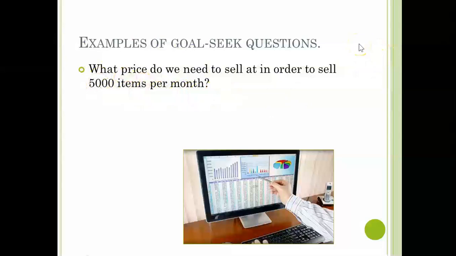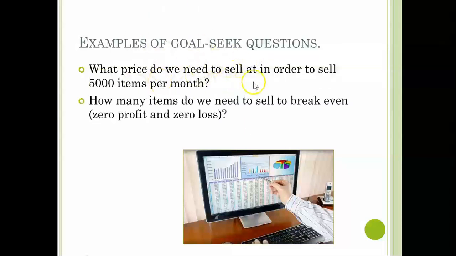You would have an output cell maybe in your Excel spreadsheet telling you how many items are predicted to be sold in that month. Where the selling price of that item is in the spreadsheet, you can change that value, and then watch the outputted cell value to see at what selling price you could predict you would be able to sell 5,000 items of that specific item in that month. So that's an example of one goal-seeking question.